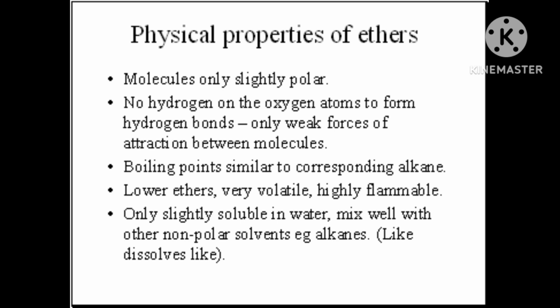The OR bond is weaker than the O and benzene ring bond. Between O and the benzene ring, that is stronger. Why is it stronger? You know that in the benzene ring there is alternate double bond, and the carbon is sp2 hybridized, correct?